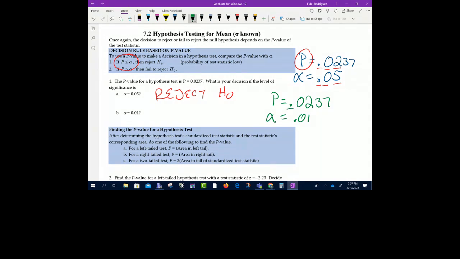The points line up, the zeros line up. Is 2 smaller or bigger than 1? Bigger, right? So P in this case is bigger than alpha. If P is bigger than alpha, we are going to fail to reject the H0.